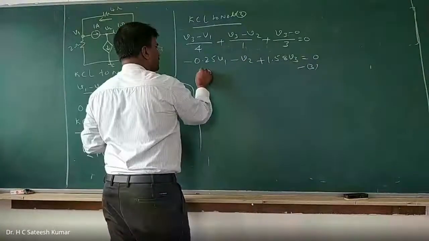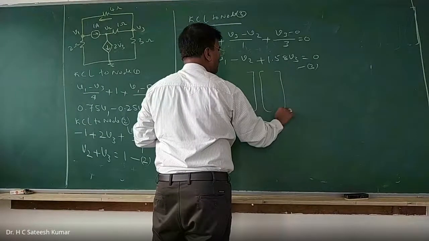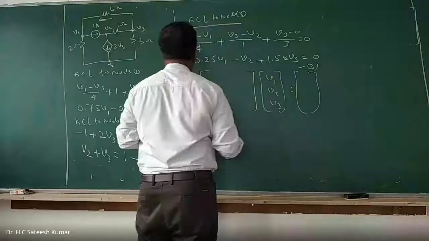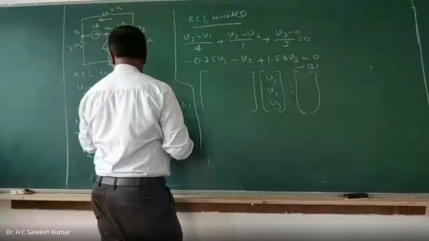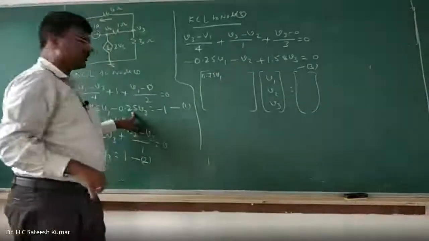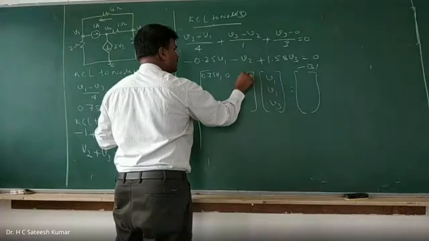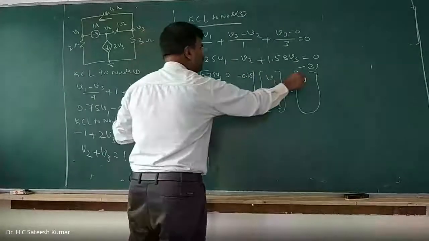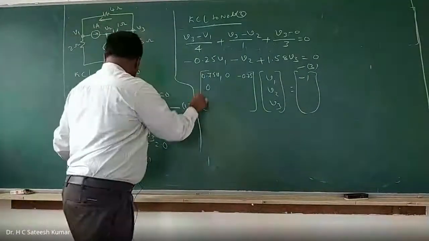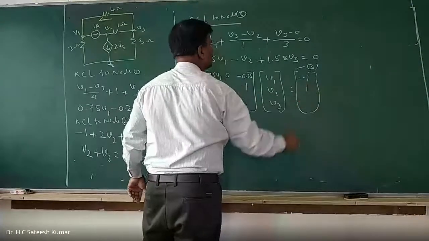Now, write down the matrix out of it. V1, V2, V3. What is that we have? First one from equation 1: 0.75 V1, V2 is 0, V3 is minus 0.25, equal to minus 1. Equation number 2: V1 coefficient 0, V2 coefficient 1, V3 coefficient 1, and right hand side 1.